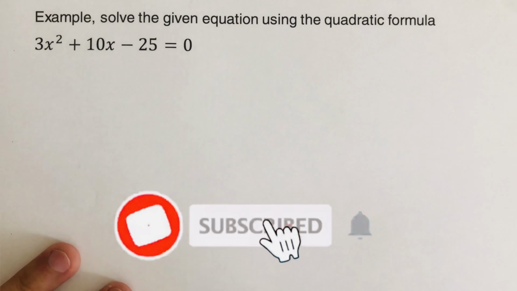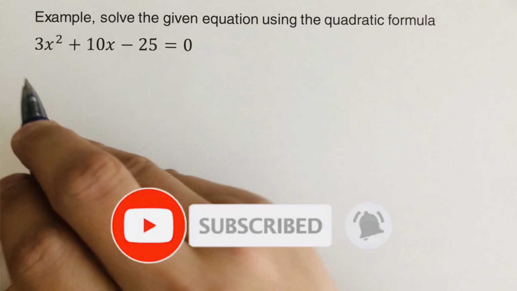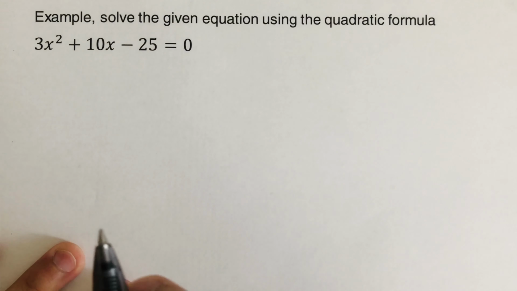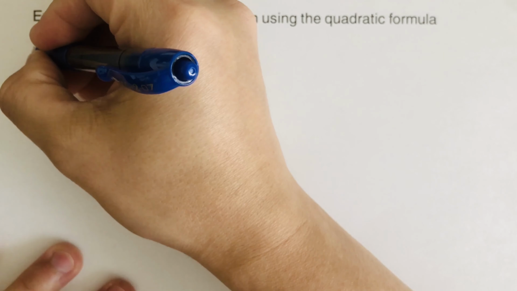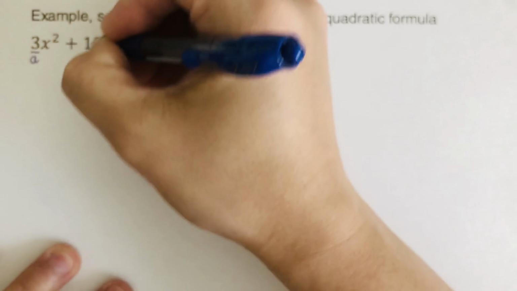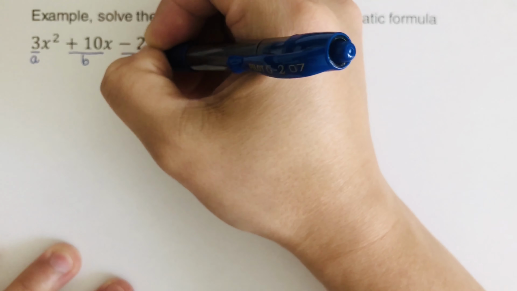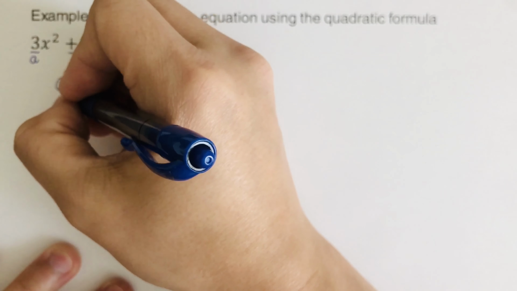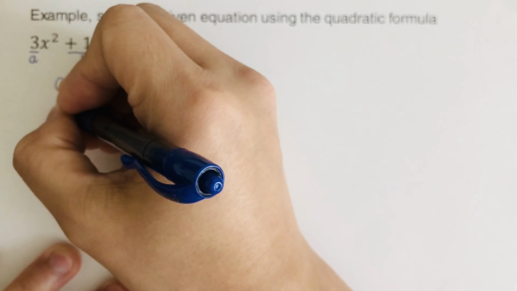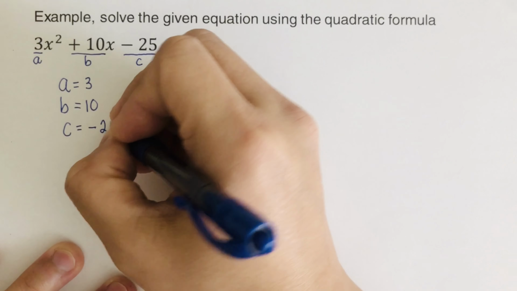The first step is to determine what a, b, and c are, because that's what we put into the equation. This one right here is our a, this one is our b, and this one is our c. So we can write a is 3, b is 10, and c is negative 25.